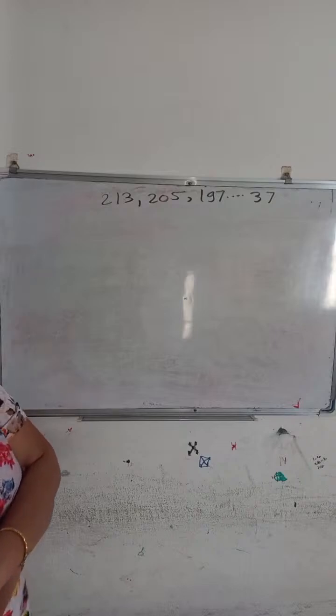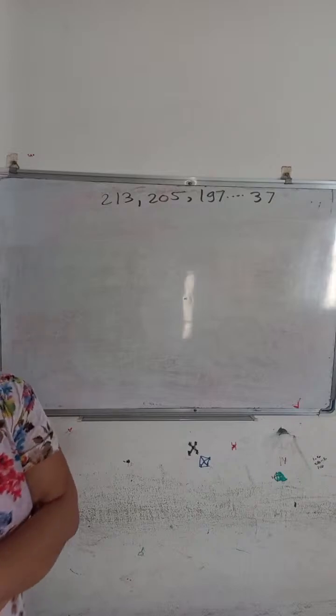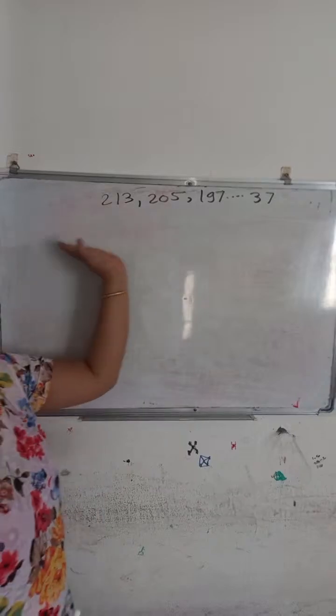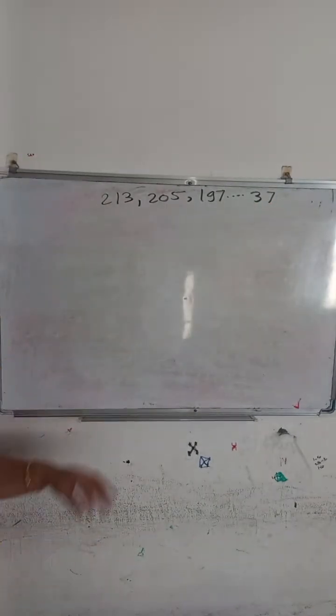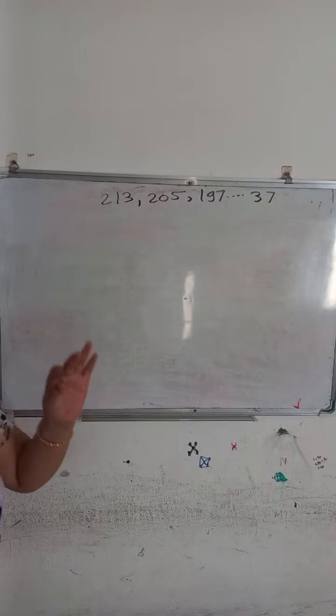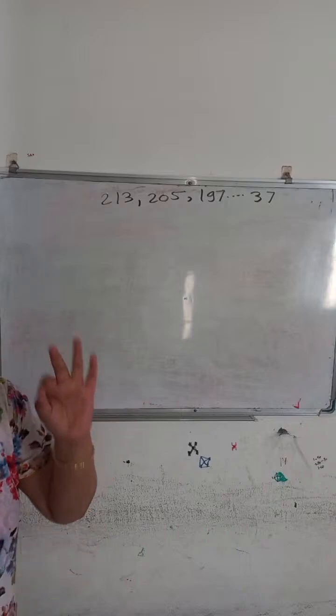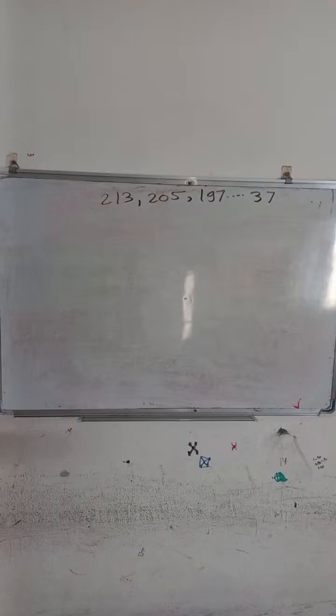But here I can't predict which is the middle value, because I can't write out the entire AP. So first we have to find n, the number of terms, and then divide by 2.